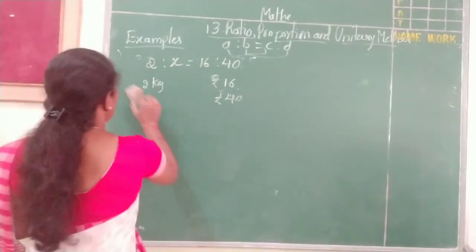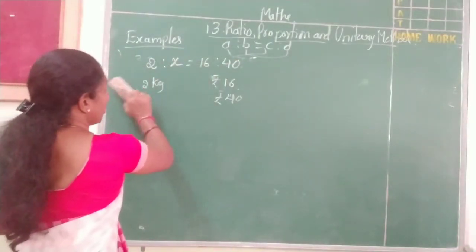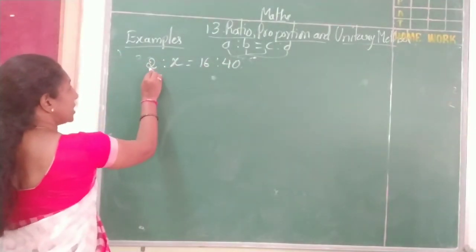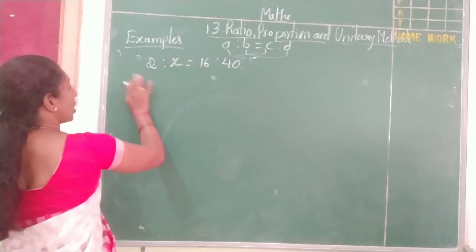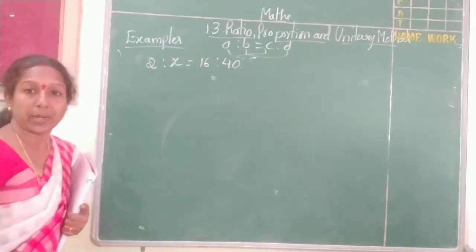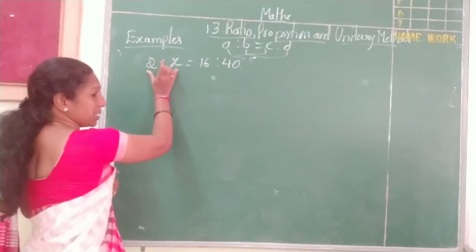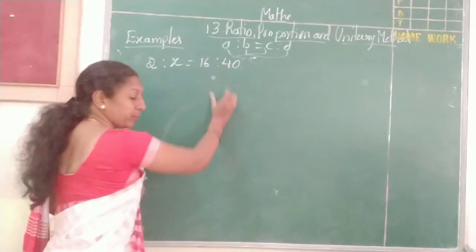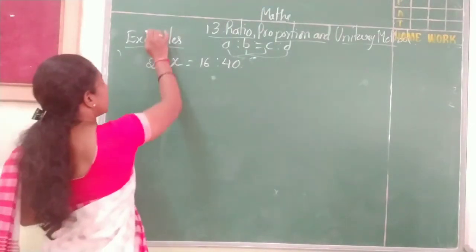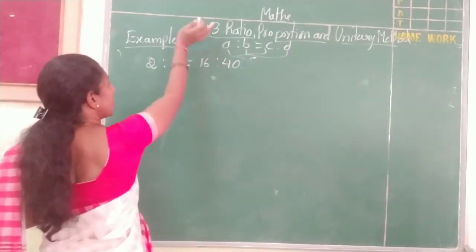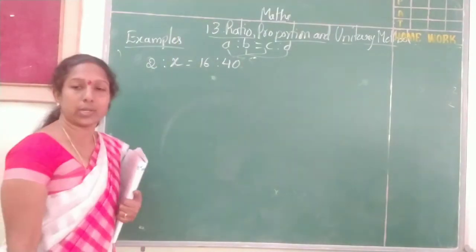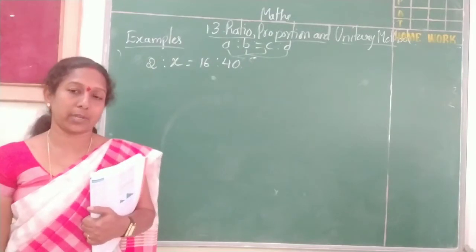This is how I will write the proportion, because this is all about the kg only, the weight. Here the ratio of the two quantities are both in kgs, and here both are in rupees. So we have to write the proportion like that. Here the 2 increases, so the value also increases; here it decreases, the value also decreases, which means they are in proportion.